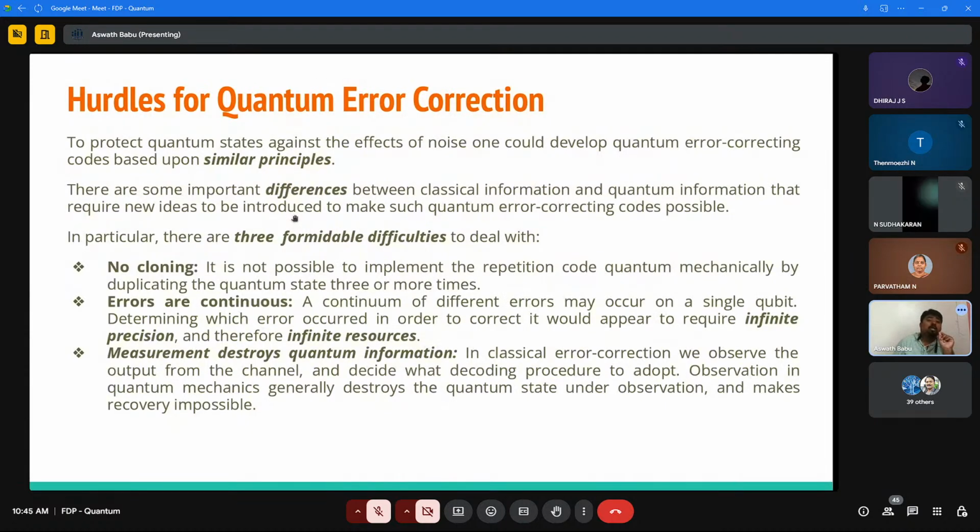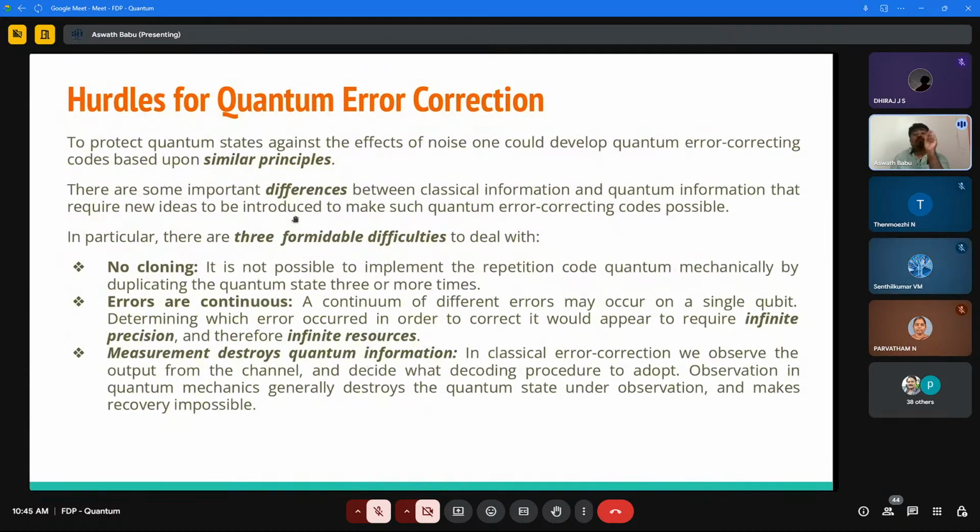Why? Because the errors are going to happen very continuously. Continuously in the sense that at some place I am doing some error correction, and immediately at some other point, some other error is going to creep in.